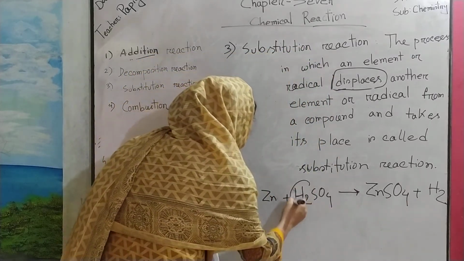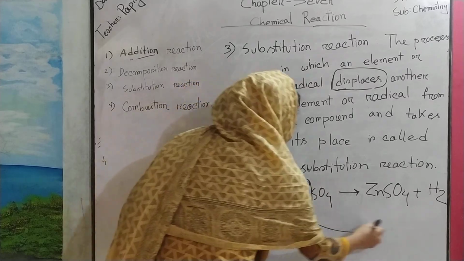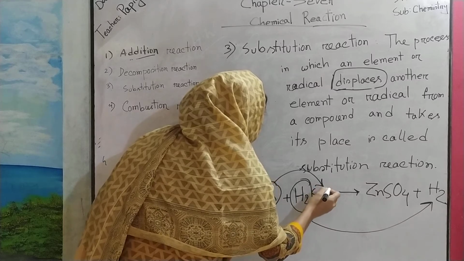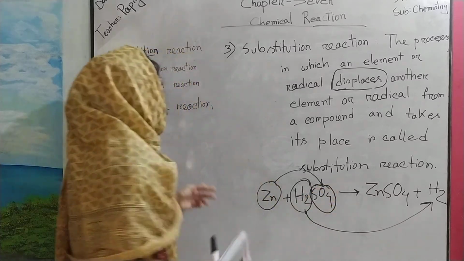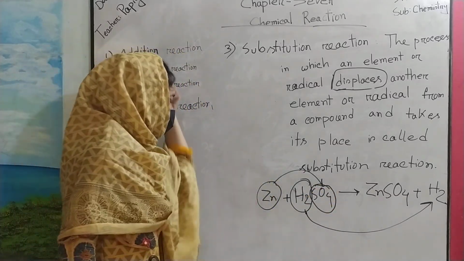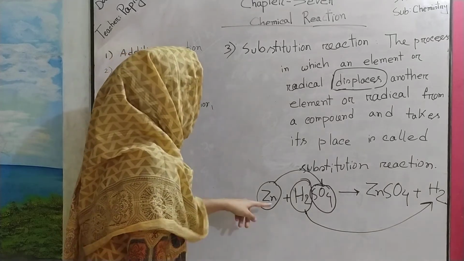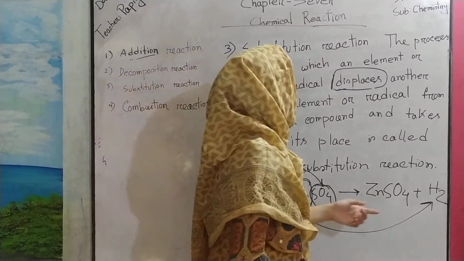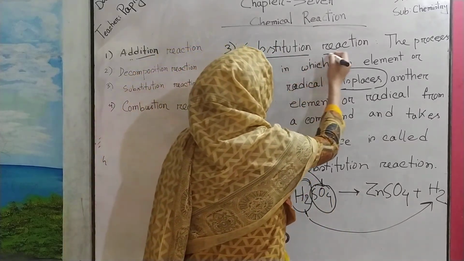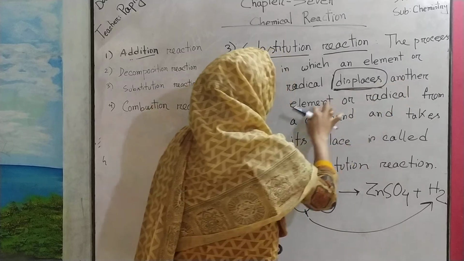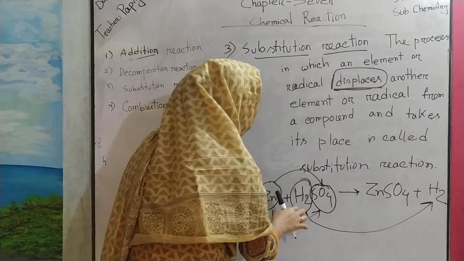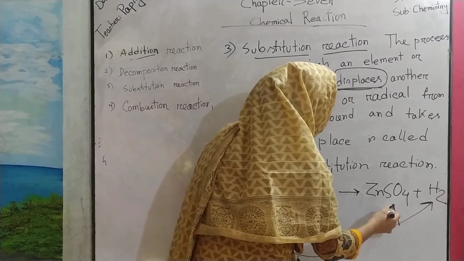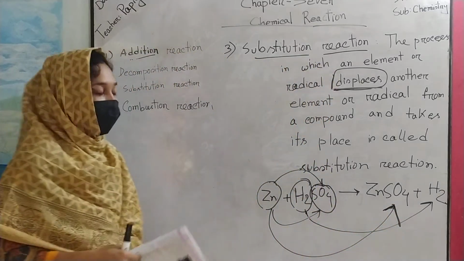Here hydrogen is displaced, and zinc reacts with the sulfate. So in substitution reactions, one element displaces another and we get a new compound, that is zinc sulfate.